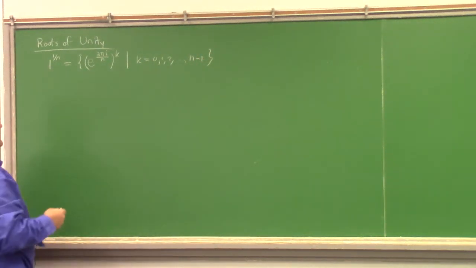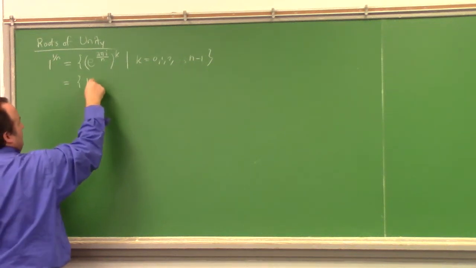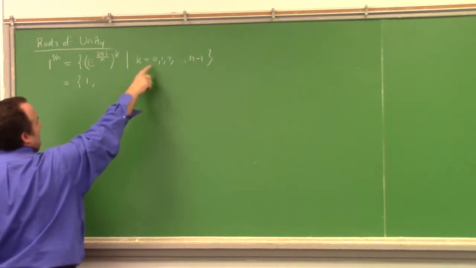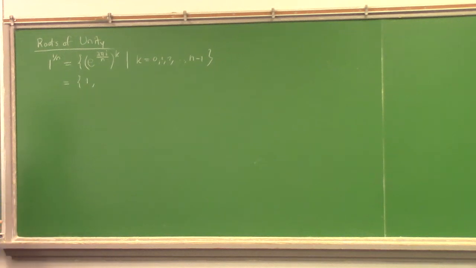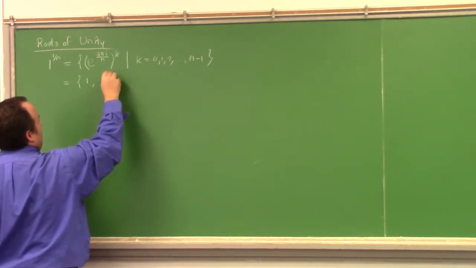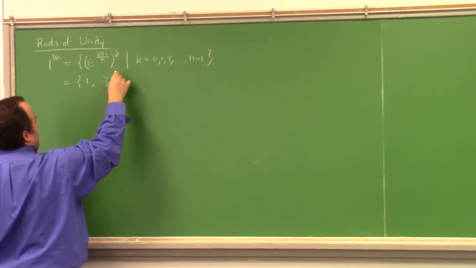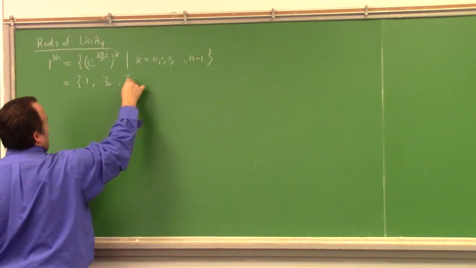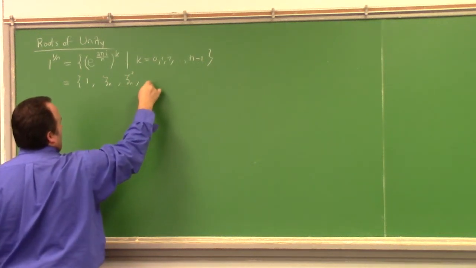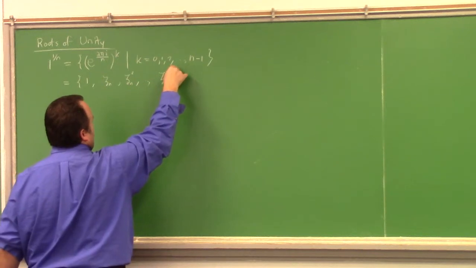So what that looks more explicitly like is this: 1, because k equals 0 gives you e to the 0, which is 1. Then you have zeta n, and then zeta n squared, all the way out to zeta n to the n minus 1.